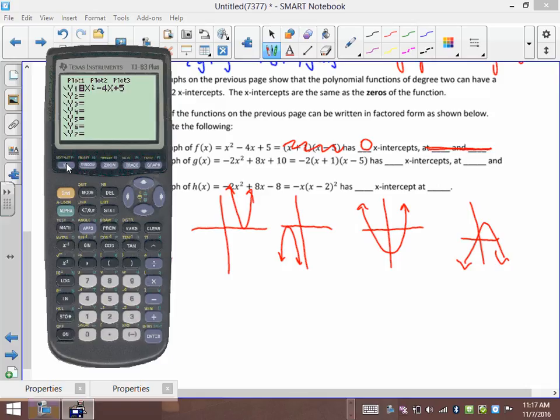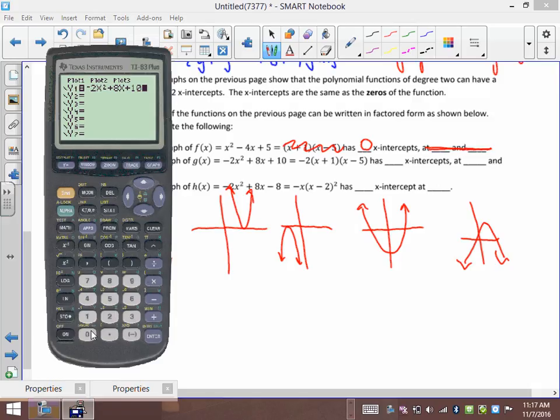Then the next one, is it down or up? It's down. What's the y-intercept? 10. Okay. Negative 2x squared plus 8x plus 10. There's a good chance that this graph is going to have an x-intercept. Think about it. Its y-intercept is at positive 10, and the graph goes down.